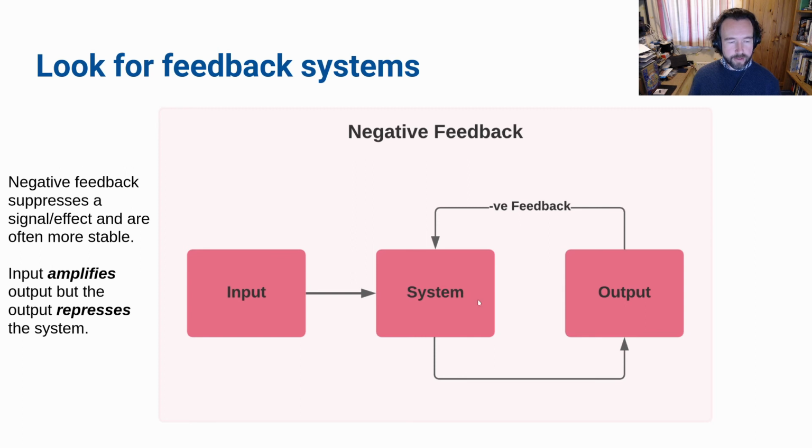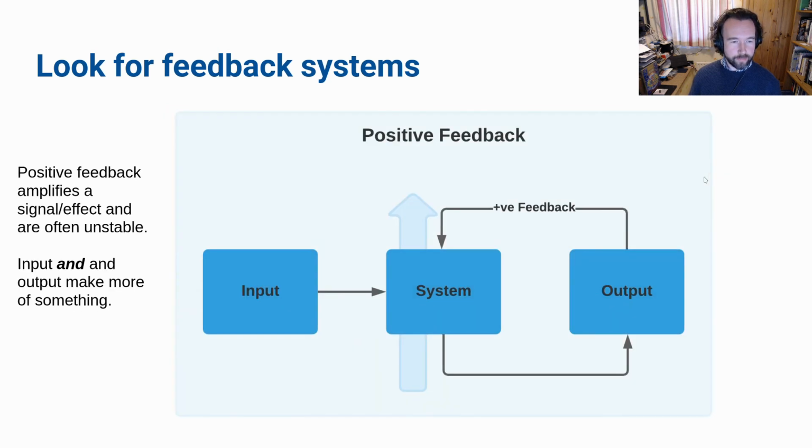Even though you've got something coming in and making something happen, it doesn't run away with itself because the output restricts the production of itself, basically. So they're quite stable in systems, and if you've got something like this, you can probably be relatively sure that there's not going to be massive instabilities in what your system is doing.